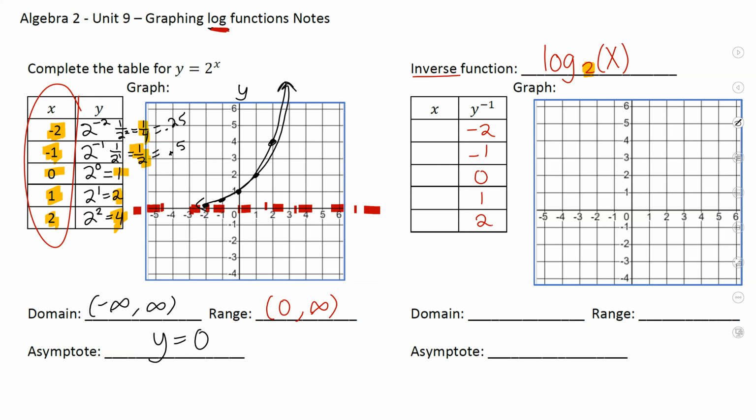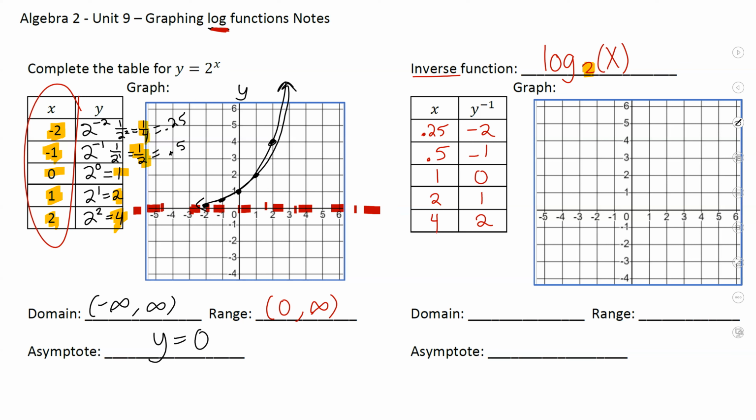We are switching x and y. Okay, and how do I fill out the y's? What will it be? 0.25, 0.5, 1, 2, 4. So because these are inverses of each other, that means the tables are just swapped. The x's and y's are swapped.